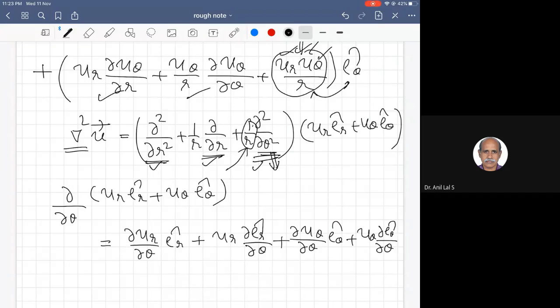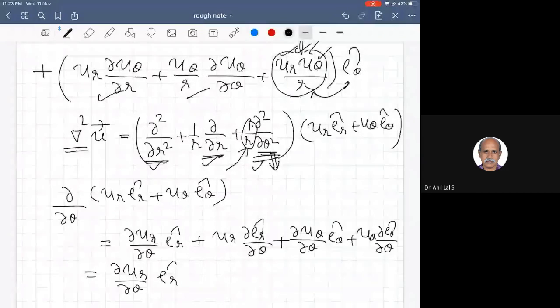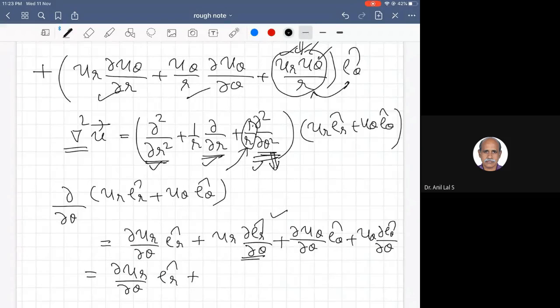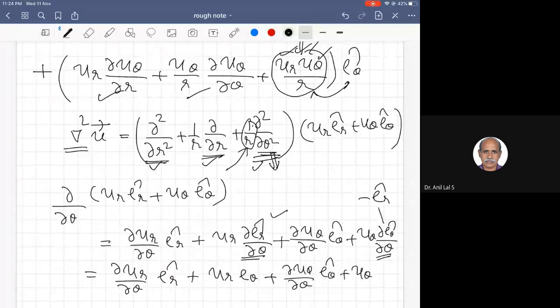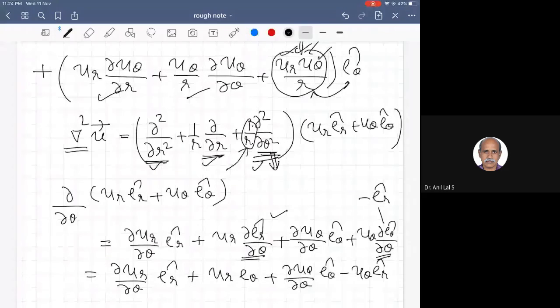So this is equal to dou ur by dou theta er plus ur e theta, since dou er by dou theta is e theta, plus dou u theta by dou theta e theta plus u theta into dou e theta by dou theta, which is minus er. So I'll write it as minus er here.